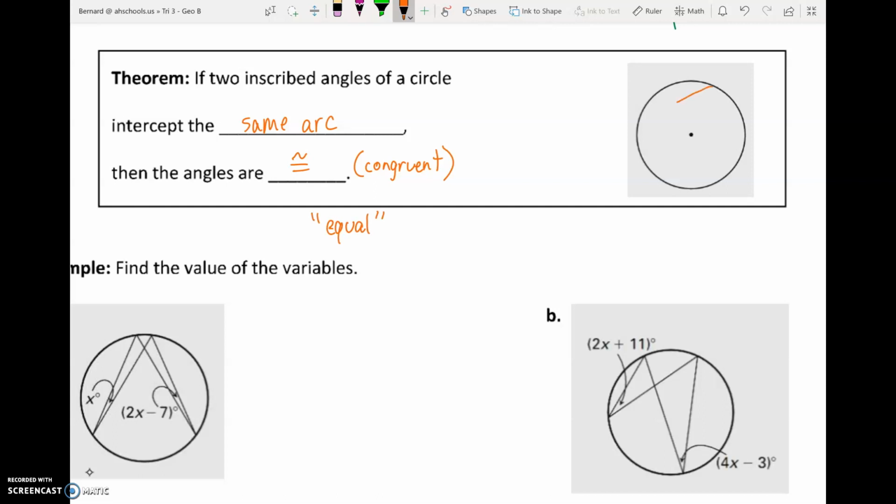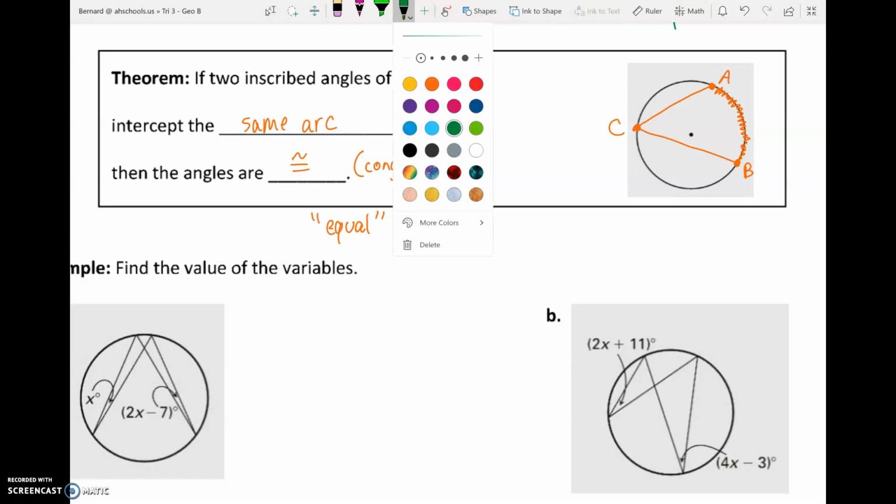And so here's like a picture. Let's say this is one angle. And so let's call this part A, and let's call this part B. And we'll call this part over here C. So angle C is obviously on the edge of the circle, and it creates that arc from A to B, right? Well, let's add a new angle.